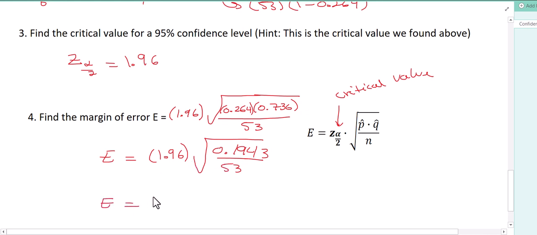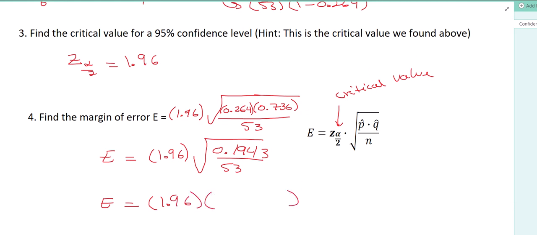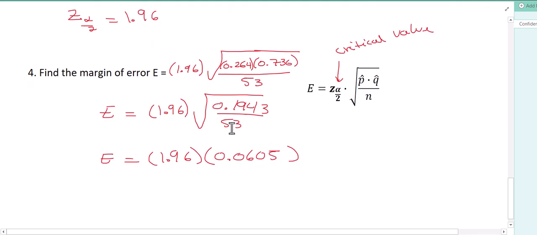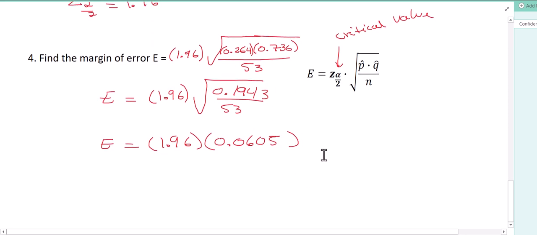So my margin of error so far is looking like 1.96 times, and let's do 4 decimal places on that. I got 0.0605, rounding to 4 decimal places. Pay attention in the homework to how many decimal places you want to round. Usually the more the better while you're still doing the calculations.